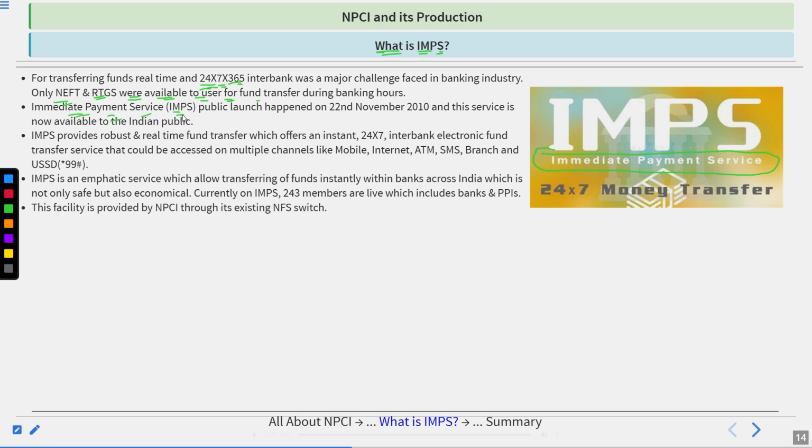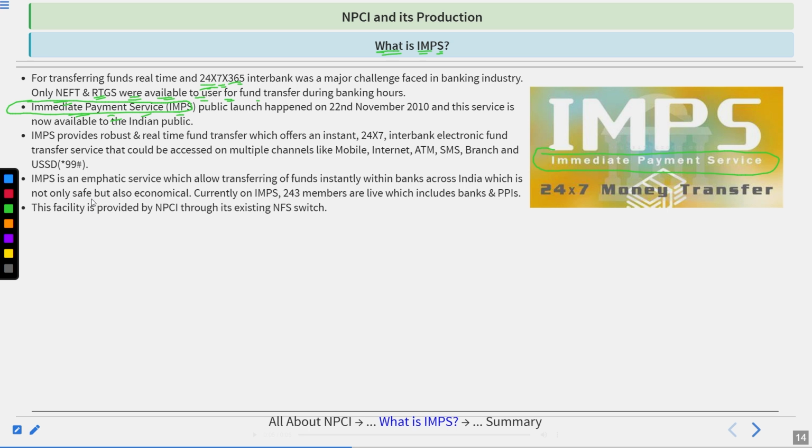The Immediate Payment Service, IMPS, was publicly launched on 22nd November 2010. IMPS provides robust and real-time fund transfer, offering an instant 24/7 interbank electronic fund transfer service that can be accessed on multiple channels like mobile, internet, ATM, SMS, branch and USSD, which means *99#.